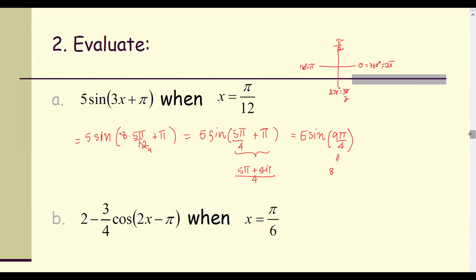So this one is the same as 8 pi over 4 plus pi over 4. Therefore, the reference angle is pi over 4. So we look for the value of 5 times sine of pi over 4. From the table of the exact values, the sine of pi over 4 is square root 2 over 2. Therefore, we get 5 times square root 2 over 2, or 5 square root 2 over 2, as a result.